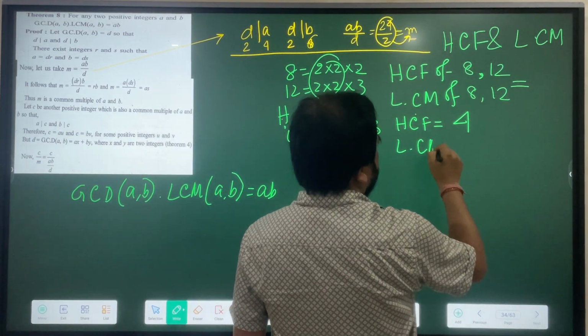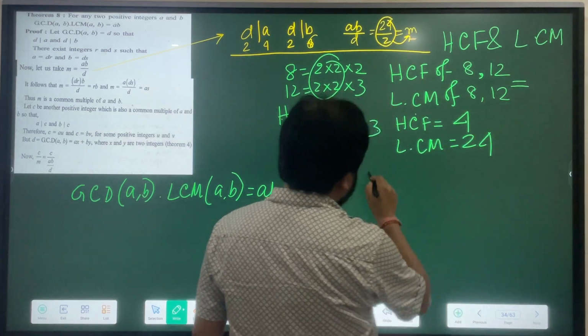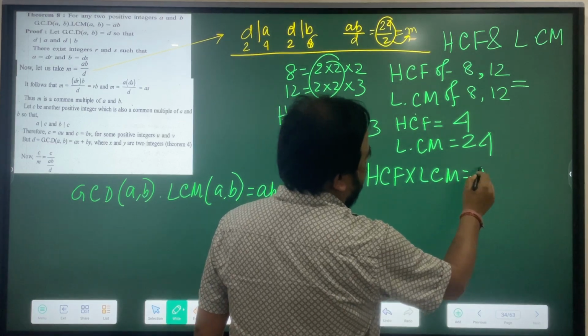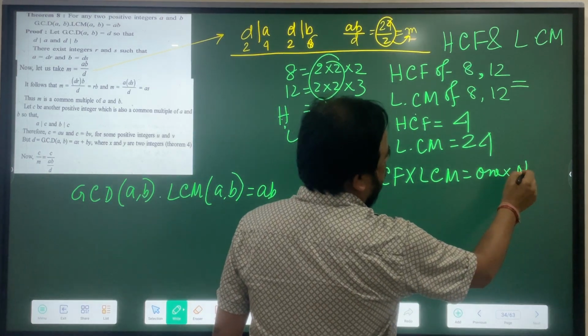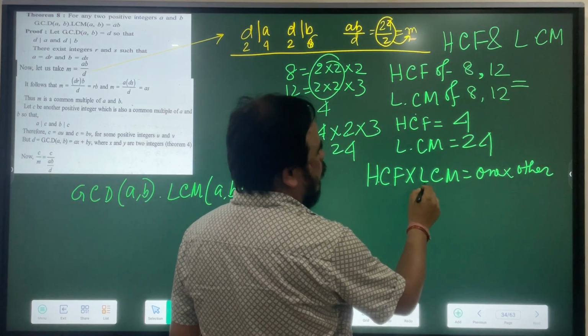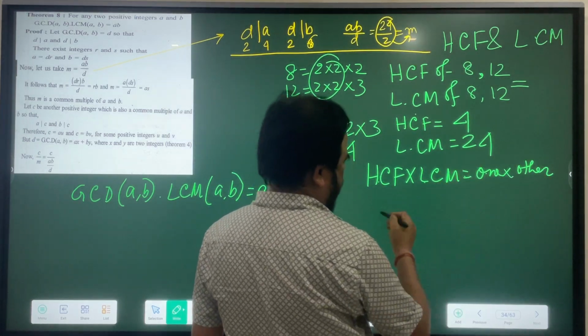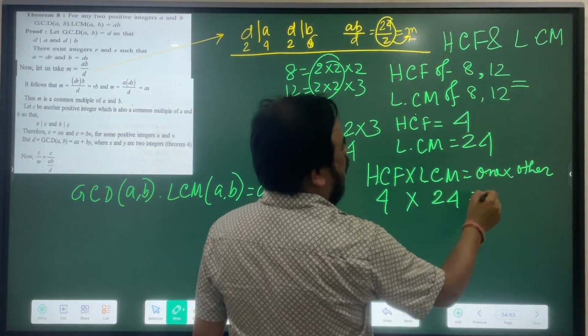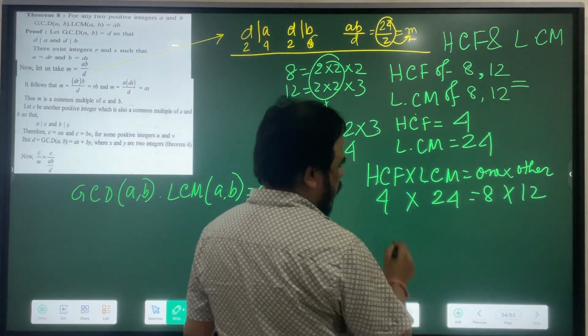So LCM is 24. So what is the formula we got in general maths? HCF into LCM is equal to multiplication of both the numbers. HCF is 4, LCM is 24, and one number is 8, other number is 12.